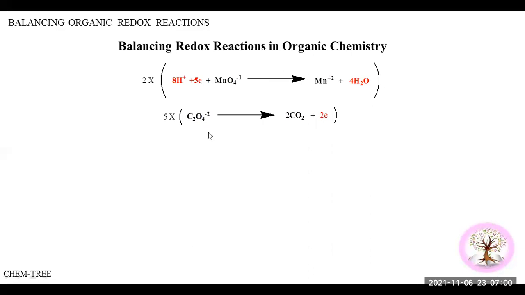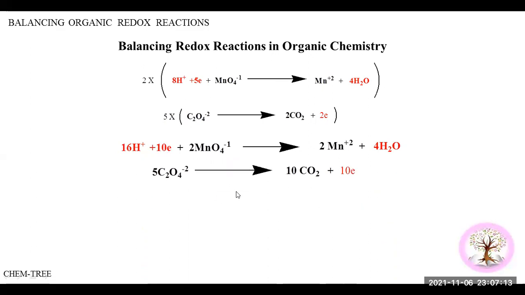So you will get this equation by multiplication of this equation with 2, and this equation is multiplied with 5. So the net reaction will be like this. These 10 electrons and 10 electrons are cancelled, and here are 16H plus.